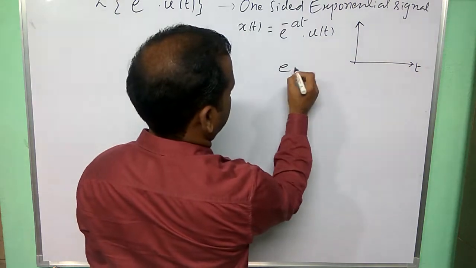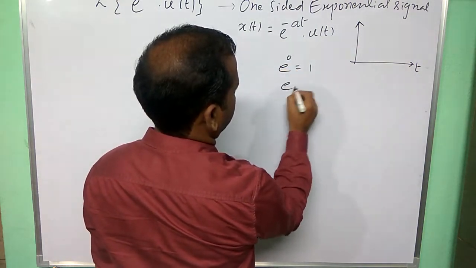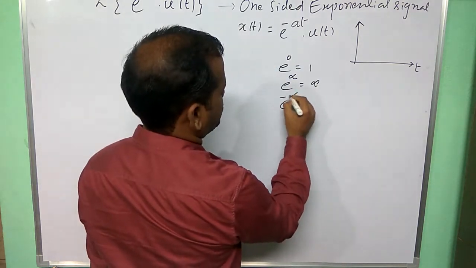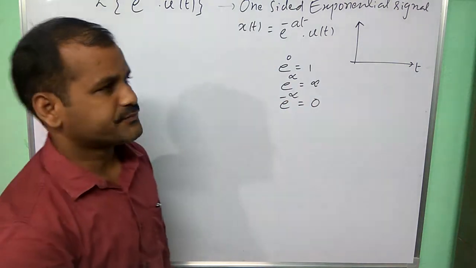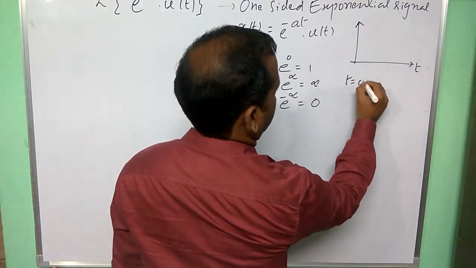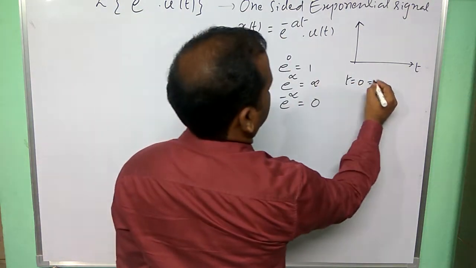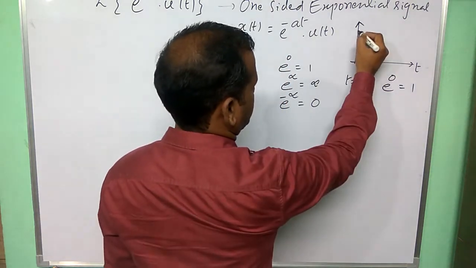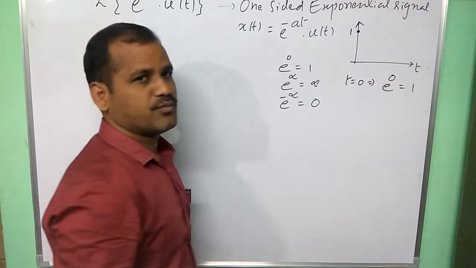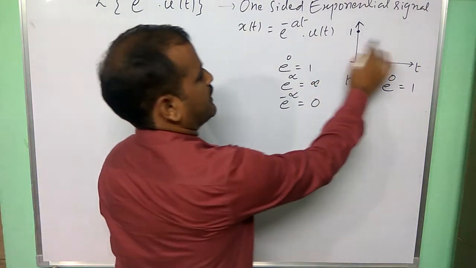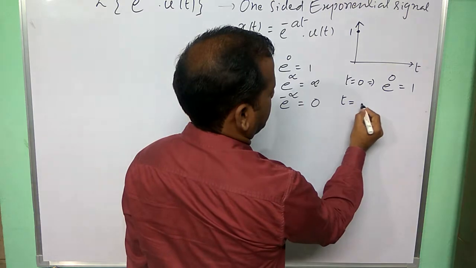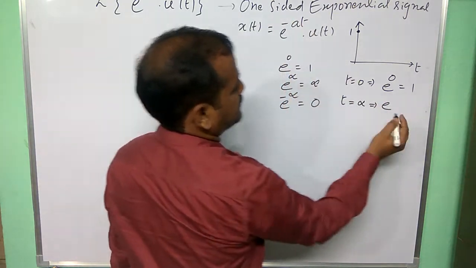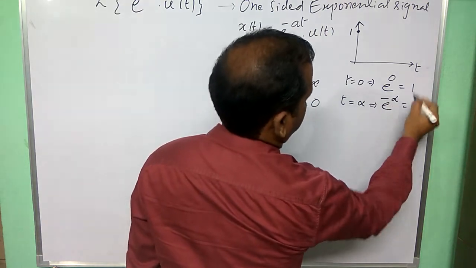So we know that e to the power of 0 is 1, e to the power of infinity is infinity, and e to the power of minus infinity is 0. At t equal to 0, the signal is e to the power of 0, that is equal to 1. So it starts at the origin with amplitude 1, and as t tends to infinity, e to the power of minus infinity is 0.